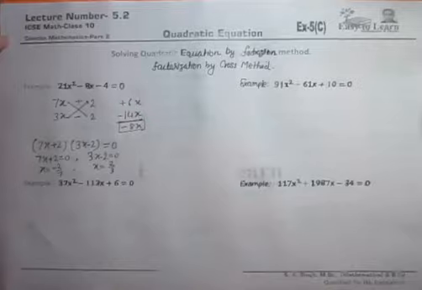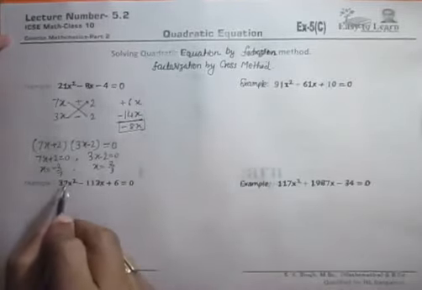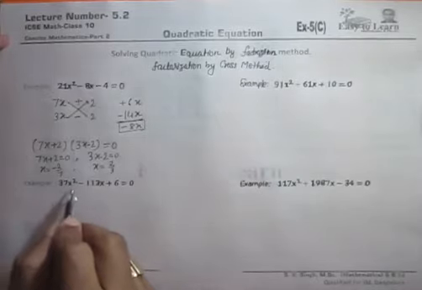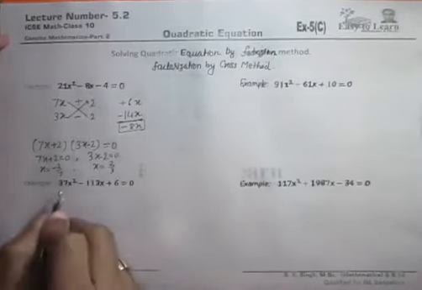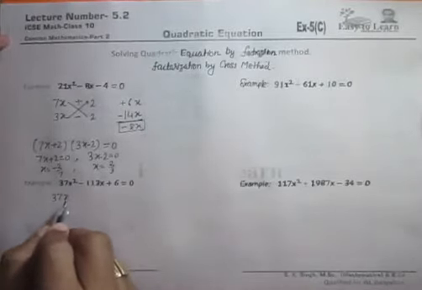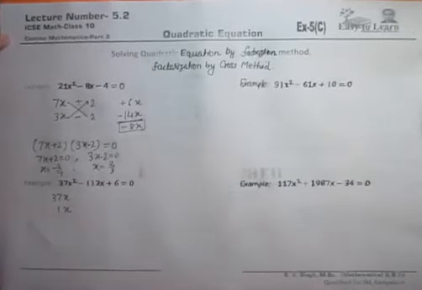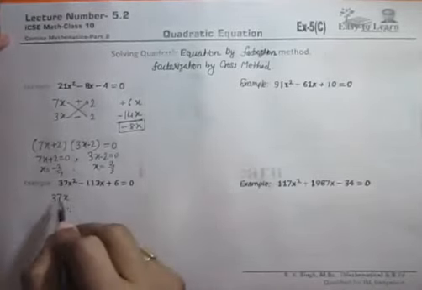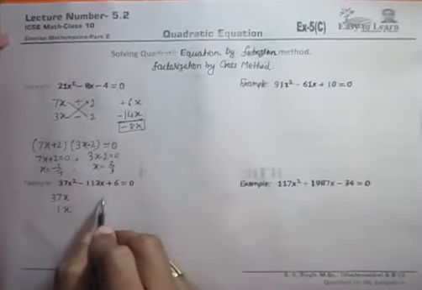Now let us understand with the help of this example. Here it is 13x square minus 37x plus 6 equal to 0. So this 13x square can be written as 13x into 1x. 13 into 1 is equal to 13. Now this 6 can be written as 3 into 2.